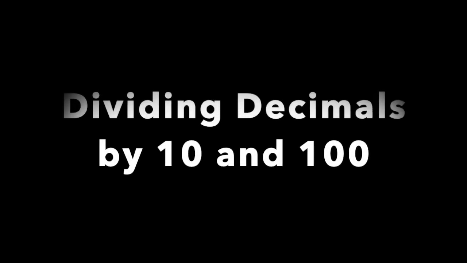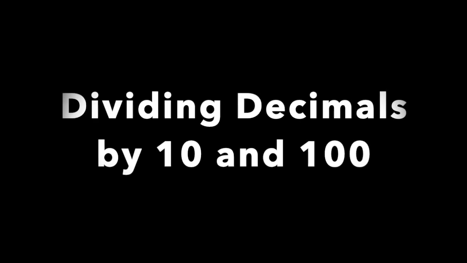All right, we are now going to head into dividing decimals by 10 and 100. So this is going to be a lot quicker for you to learn because it's very similar to multiplying decimals by 10 and 100. But our numbers are not growing, they're actually shrinking.